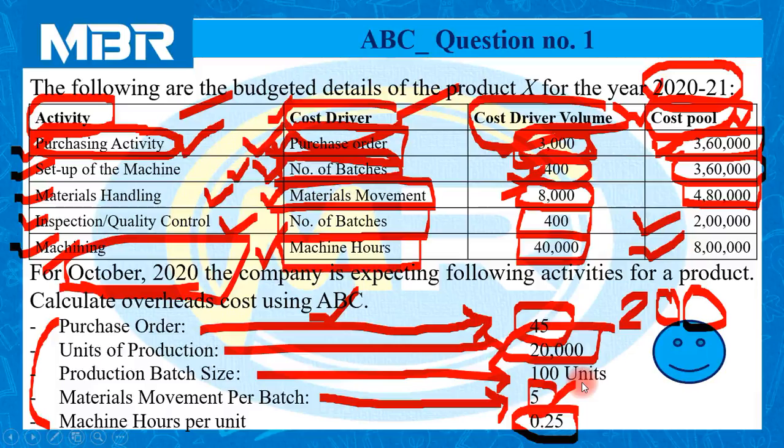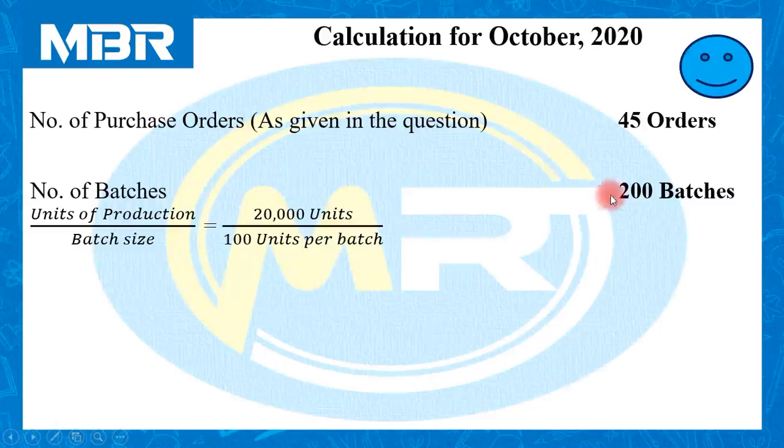It means at a time we are producing 100 units. So total number of production units are 20,000. At a time we are producing 100 units. So number of batches, as we discussed earlier at the time of discussion of the question, are 200.